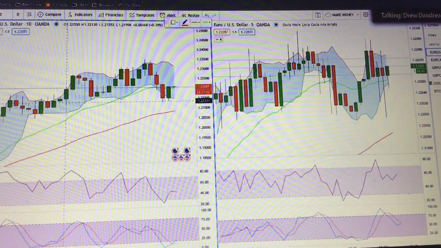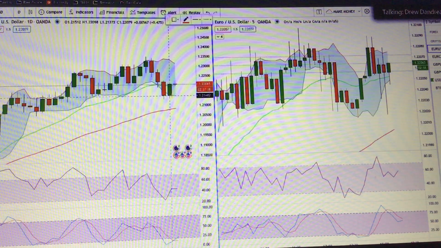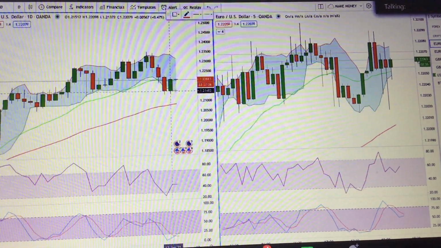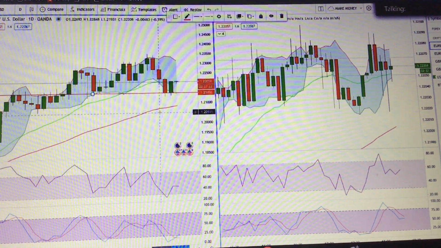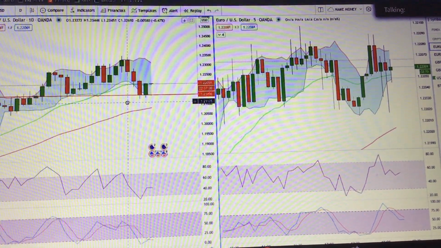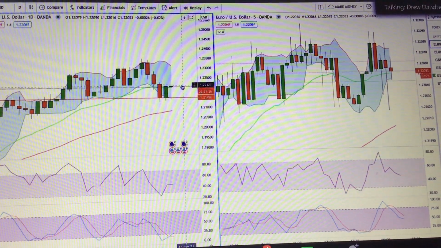You have a wick here, 6, 7 wick, and then it is even relevant over in this area too. 2 more times. So I would probably draw a line right there, just to mark that level.